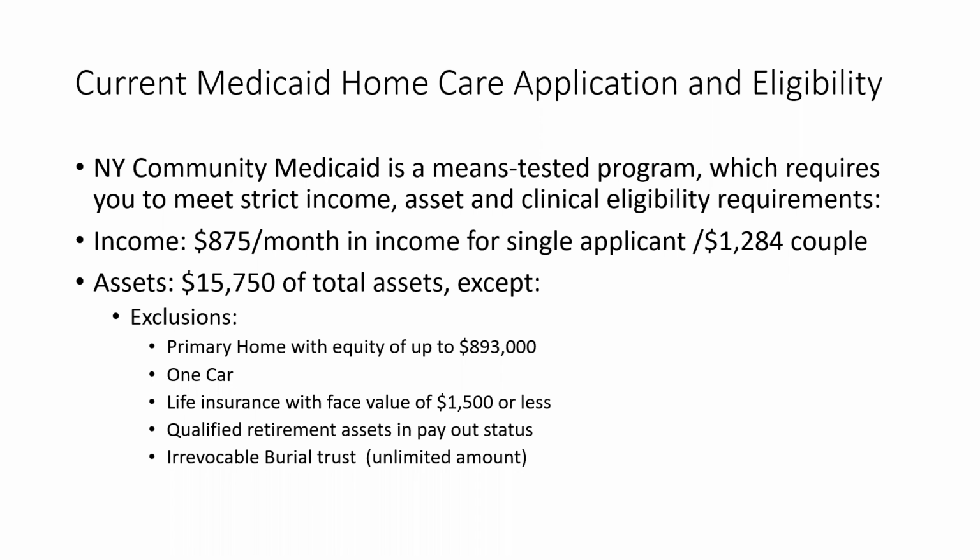The asset threshold is $15,750 of total assets. It's about $20,000 for a married couple, and that excludes the following exclusions. We have a primary home, which must be a primary residence to be excluded, with equity not exceeding $893,000.